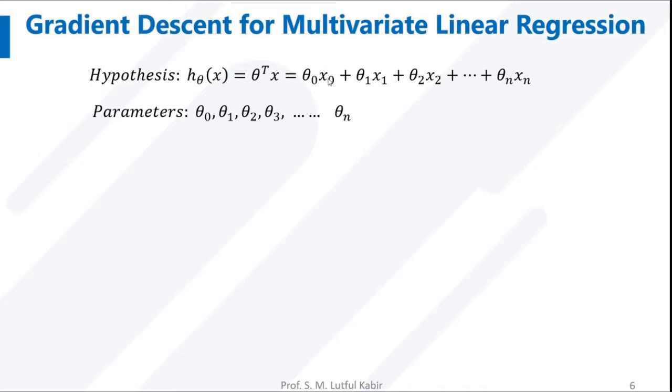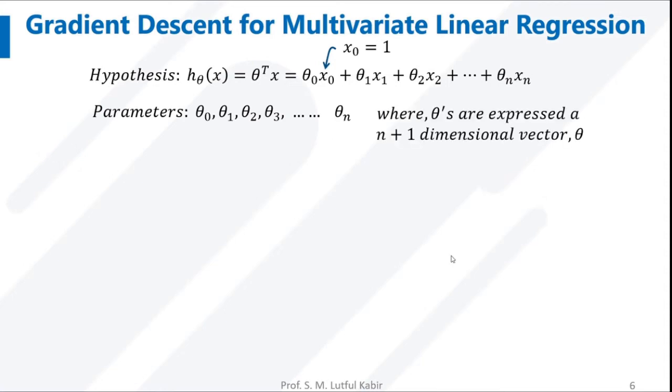And by convention, x0 is equal to 1. That means this term is actually a constant term. In order to maintain uniformity in the terms and also to make the calculation or expression easier, we write a new variable x0, which is actually equal to 1.